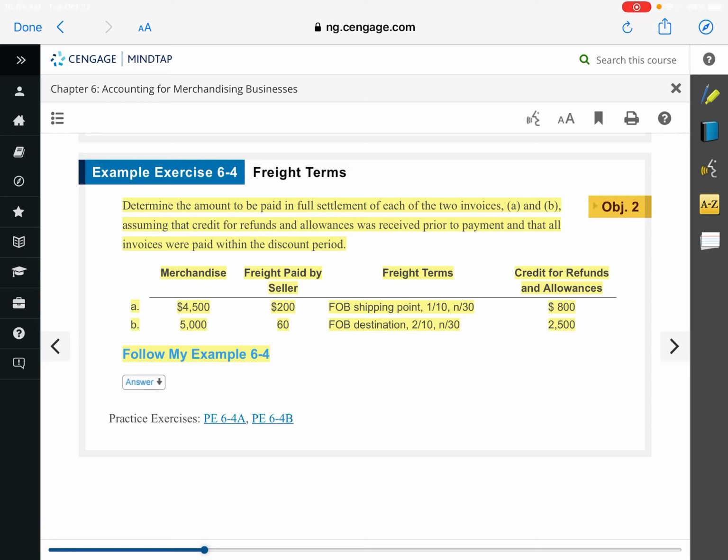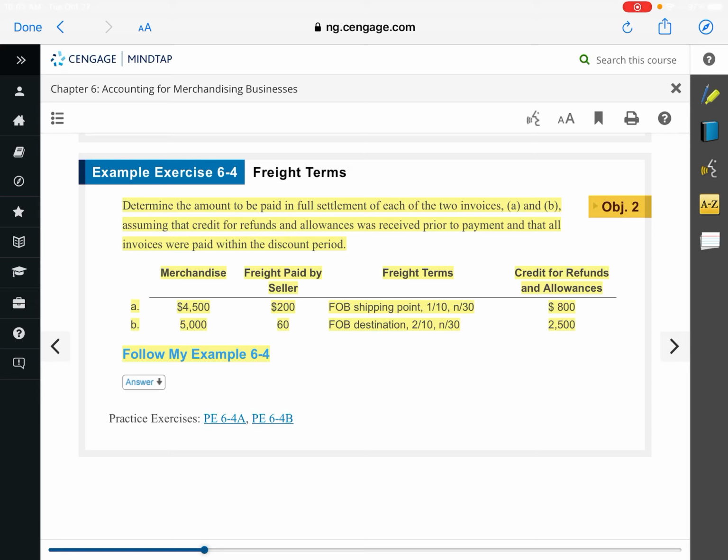And if the buyer is paying for the shipping, they can add that to the total cost of merchandise inventory. So the total cost that it took for them to gain those goods to be able to sell in their store. So the total amount that would be charged to merchandise inventory would be $3,863.